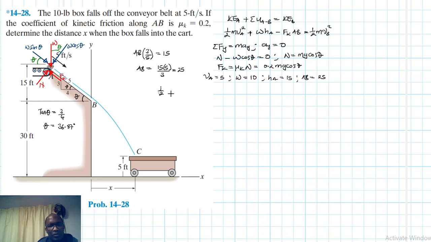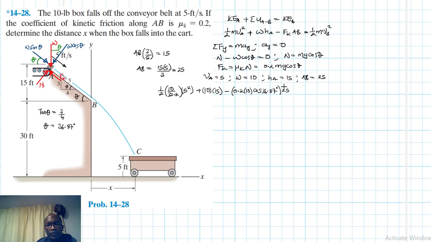So we do have half times M, which is just 10 divided by 32.2, times the velocity, which is 5 squared, and then we have plus W, which is just 10 times HA, we said is equal to 15, then minus Fk, which is 0.2 by 10 cos 36.87, then times the length AB, which is the 25, right?